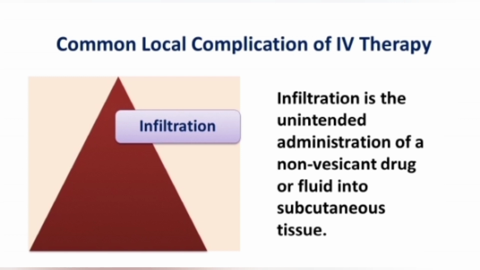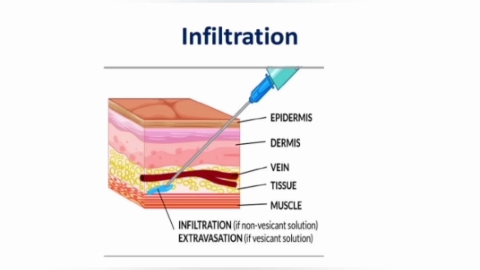Infiltration is the unintended administration of a non-vesicant drug or fluid into subcutaneous tissue, and it occurs when the fluid or medication leaks into surrounding tissue. A vesicant drug means a drug that can result in tissue necrosis or formation of blisters, or simply a drug which irritates the tissue.